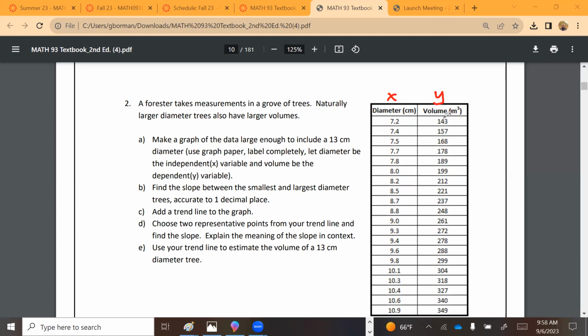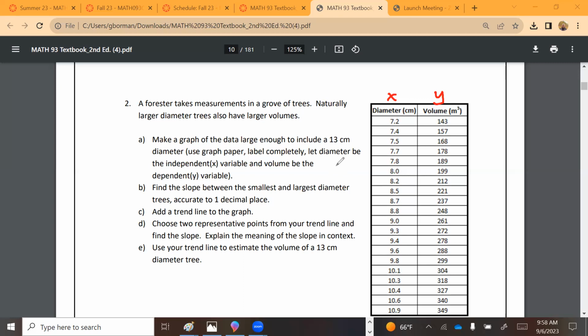It looks like the volumes just keep getting bigger. If we're going to go all the way up to 13 centimeter diameter, we need to go up to maybe 400, 500 cubic meters of volume. Again, I'm kind of winging it at this point.